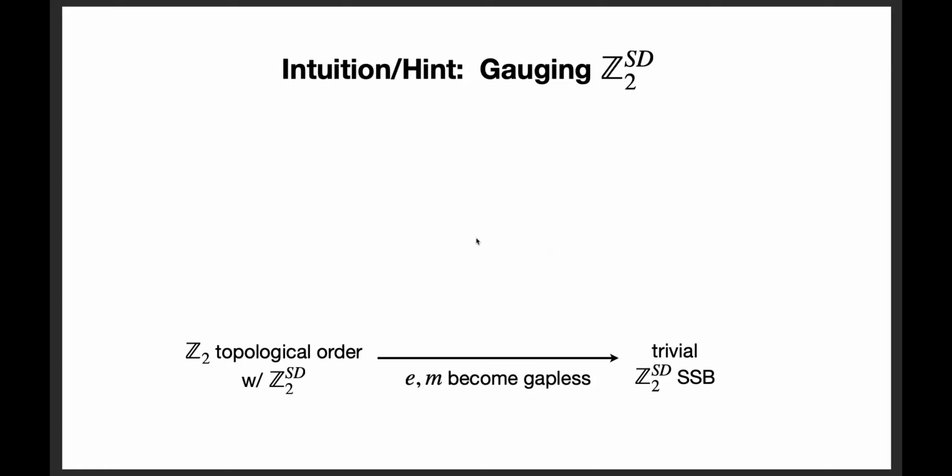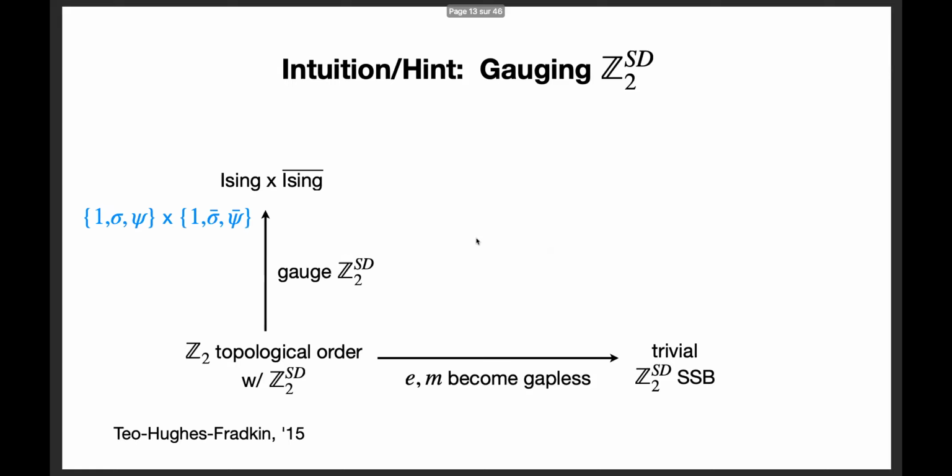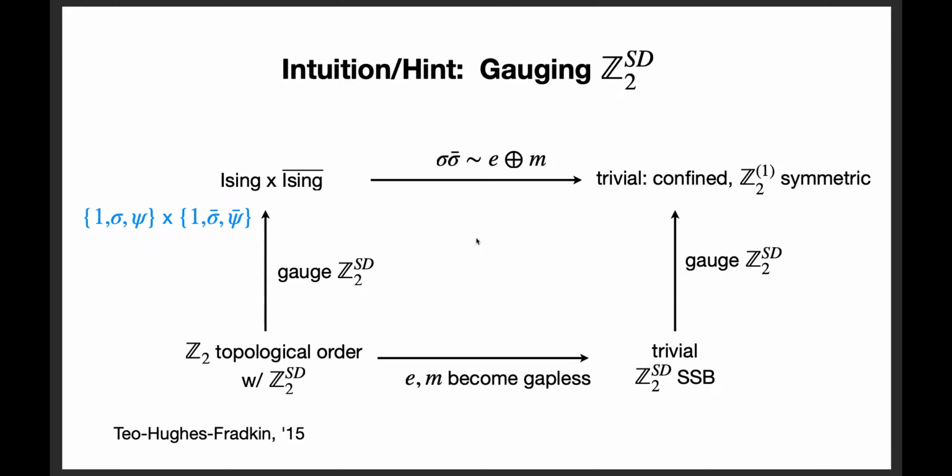And it's also known, I think from Barkeshli in 2015, that if you gauge this toric code with this EM exchange symmetry, you will get the double Ising topological order. Each Ising has sigma and psi as non-trivial anyons, and the bar is the time-reversal partner of it. So once you gauge this EM exchange symmetry, you get a different, non-abelian topological order.